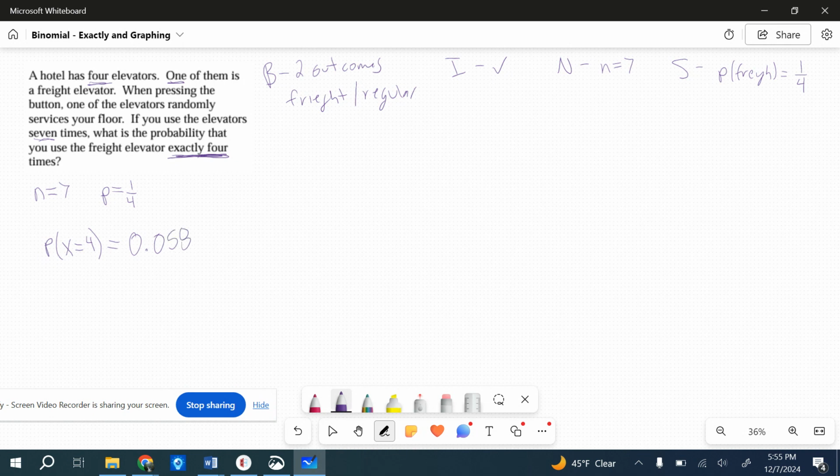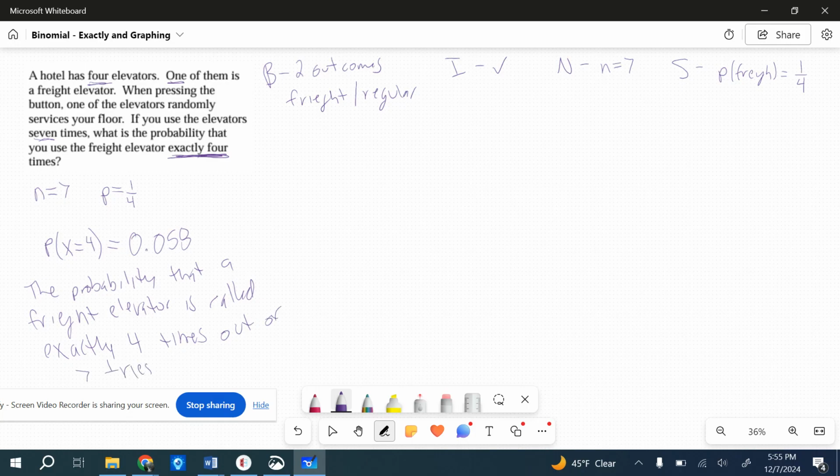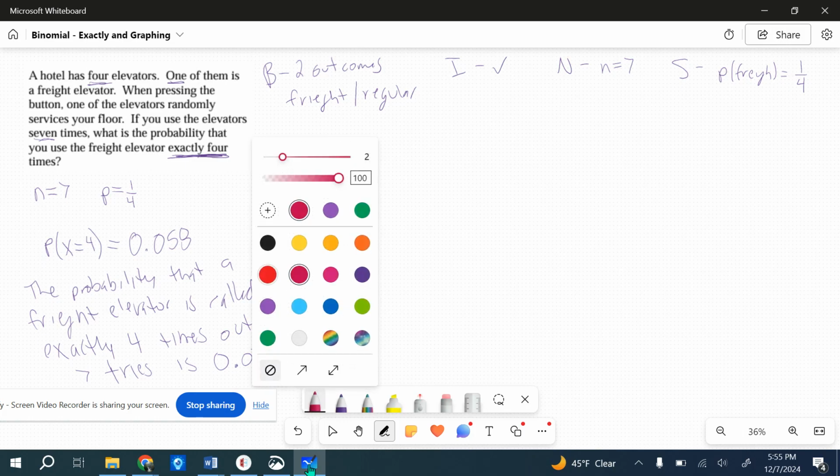And then if I were to write a sentence about this, I would say the probability that a freight elevator is called exactly 4 times out of 7 tries is 0.058.